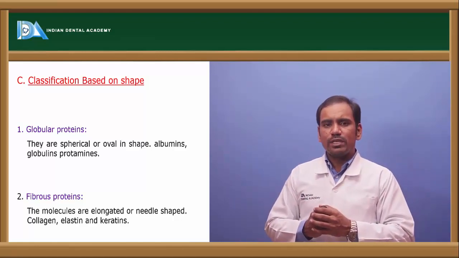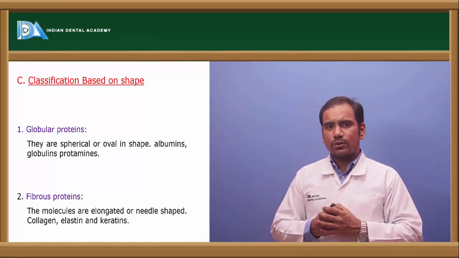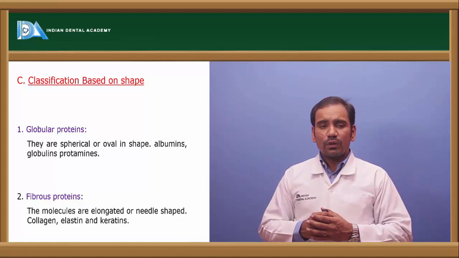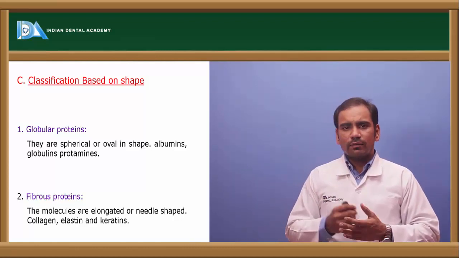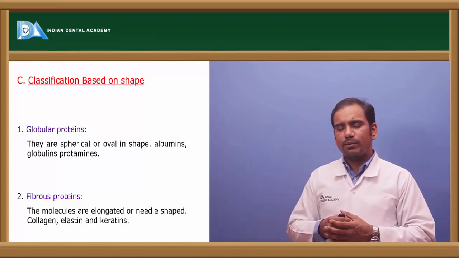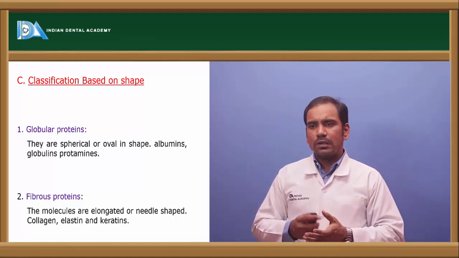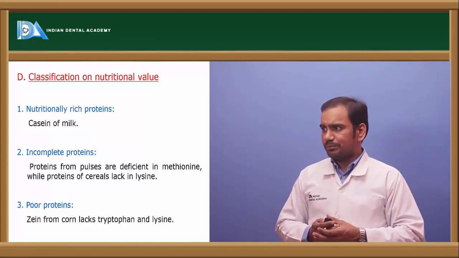And coming to fibrous proteins, these are needle-like structures, so that's why you call them as fibrous proteins. They are elongated and needle-like structures. Like for example, you can take collagen, elastin, keratin. These are the examples for fibrous proteins. So this is classification of proteins based on their shape.